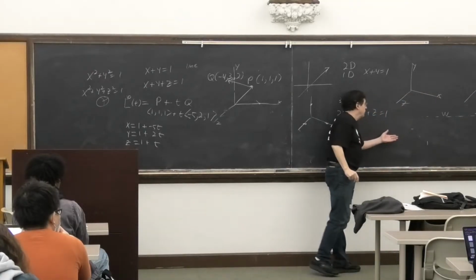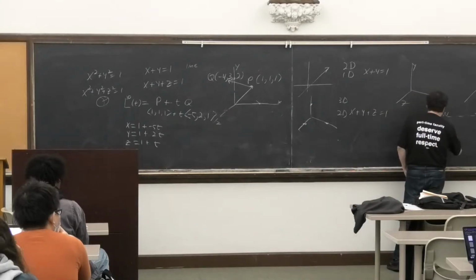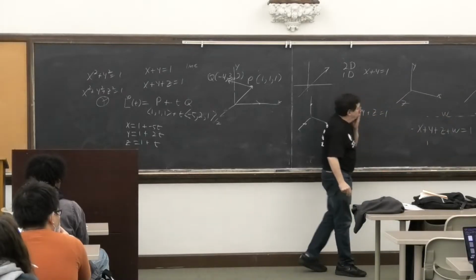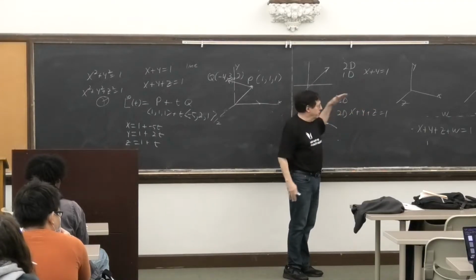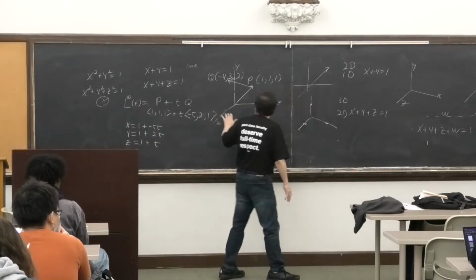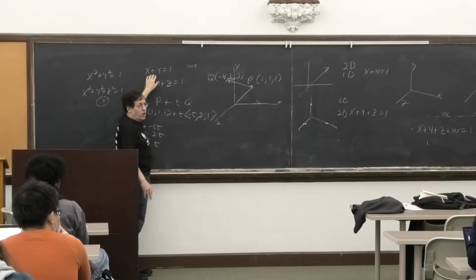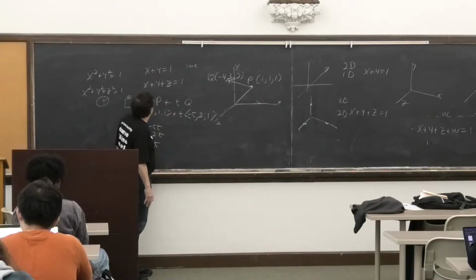In 4 dimensions, if I had an equation x plus y plus z plus w, what would that be? Well, that would be a 3-dimensional space, just 1 less than 4 dimensions. So what's special about just x and y in 2 dimensions is that it's just 1 less than 2 dimensions. A line was.